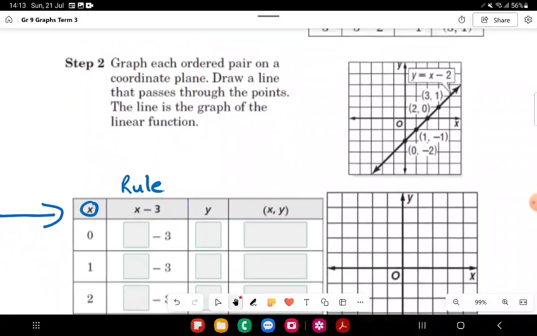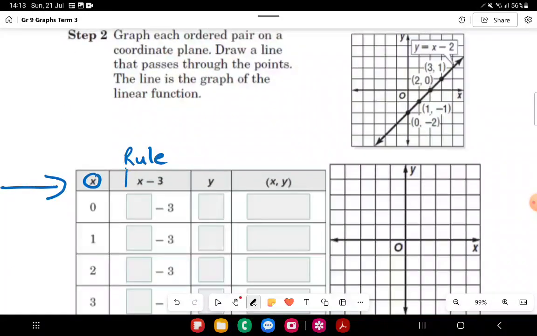Over here, they're giving us the rule x minus 3. Our next point is going to be the y coordinate, and then we have the x and the y as an ordered pair. And I'll show you where you get that information from.